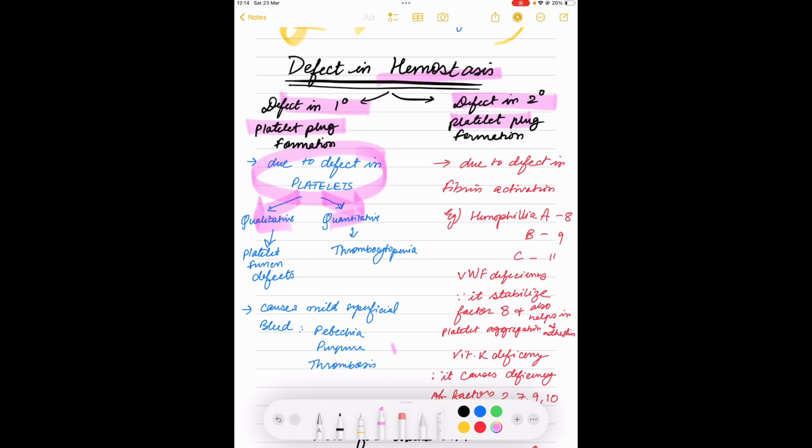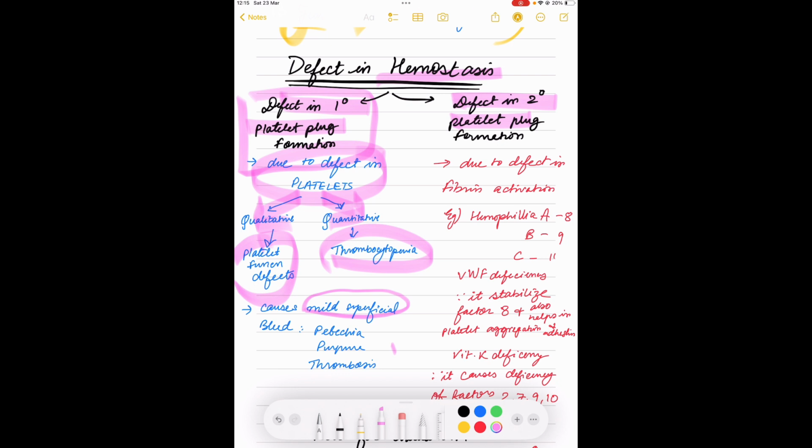Quantitative defect or decrease in platelet count is known as thrombocytopenia, and qualitative defect is platelet function defects, which is out of the scope of today's discussion. All I'd like to say is any defect in the primary platelet plug formation will result in mild and superficial bleeds.